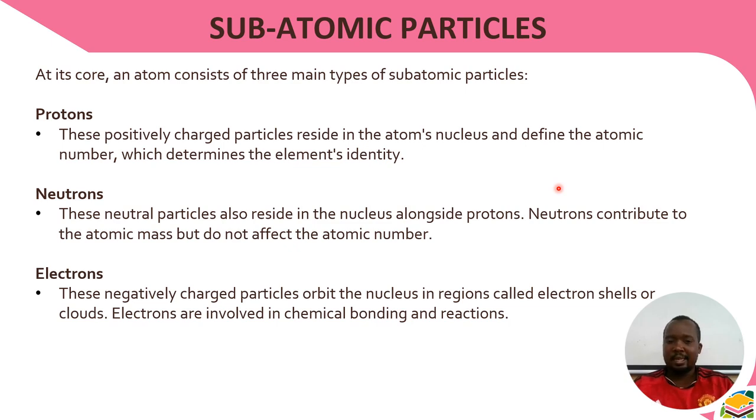Then lastly, the last subatomic particle is an electron. So these electrons carry a negative charge. If we go back to the protons, they are positively charged, while the electrons have a negative charge.